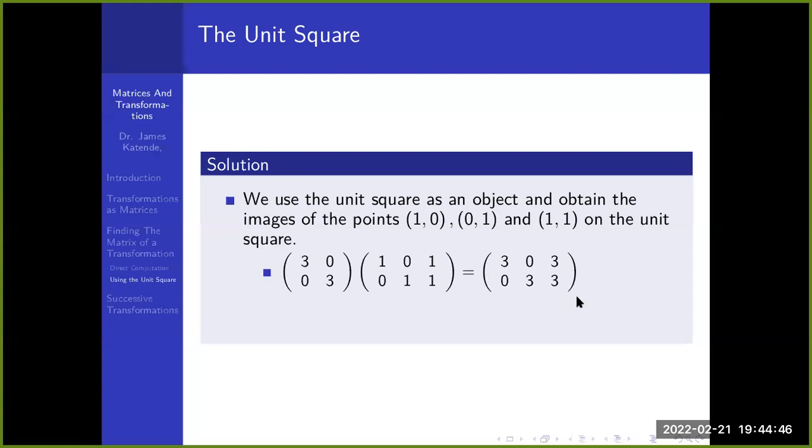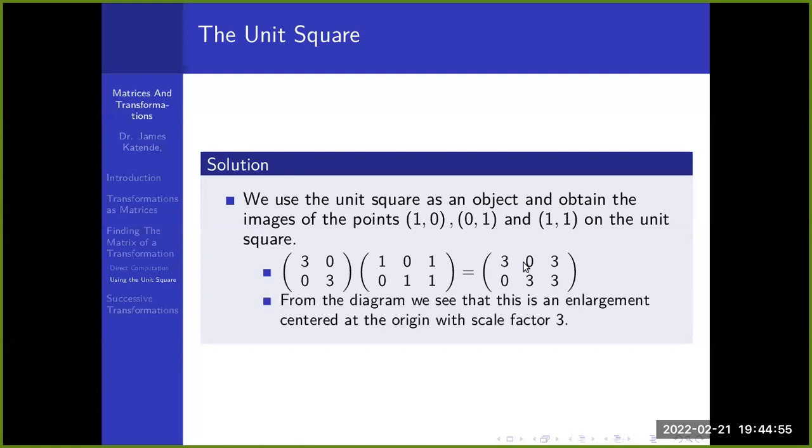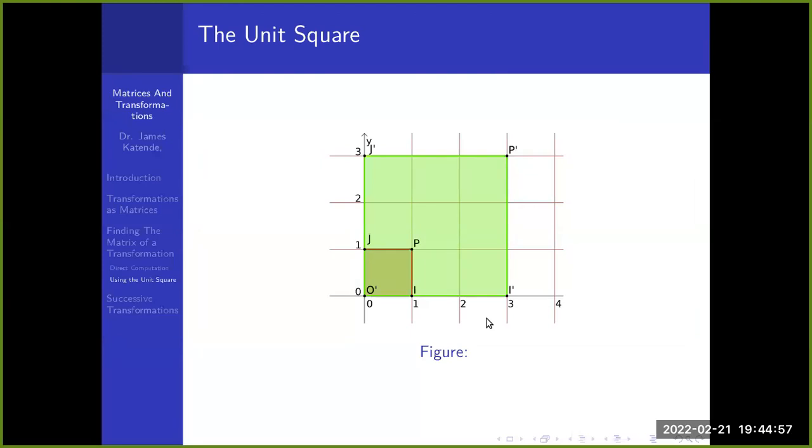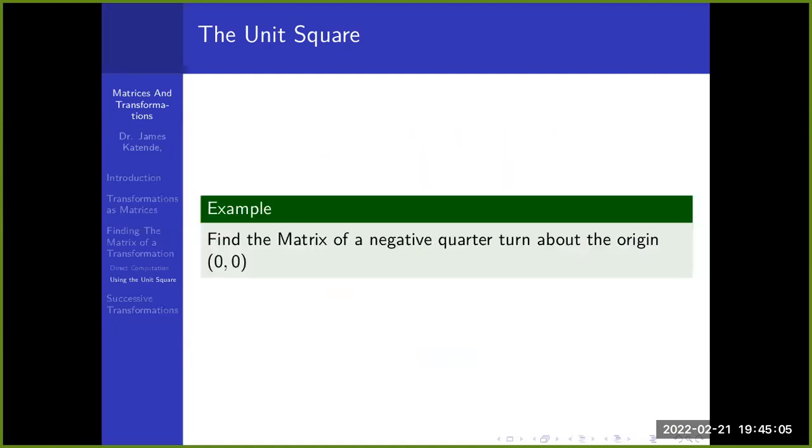So you can see this is an enlargement centered at the origin, and the scale factor is 3. By just applying it to the unit square, you can quickly see what it represents.